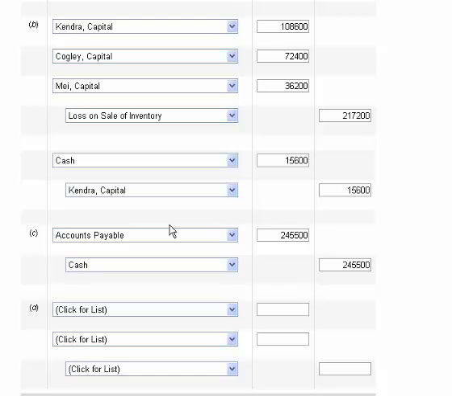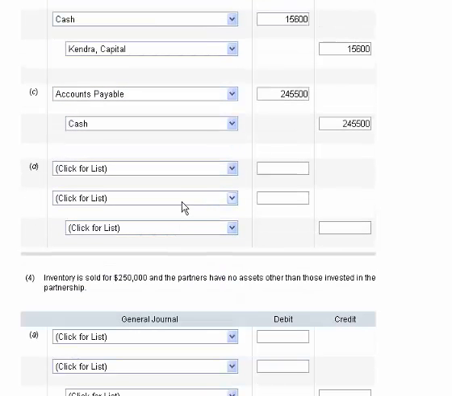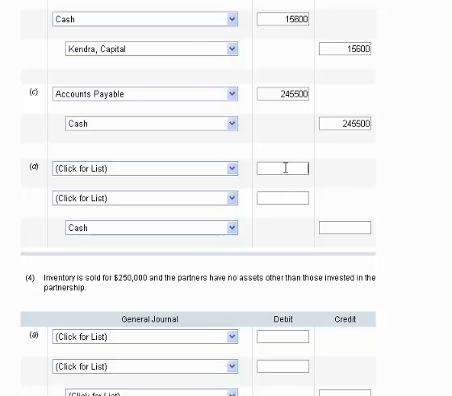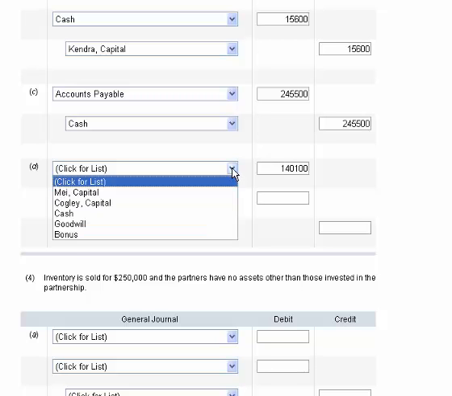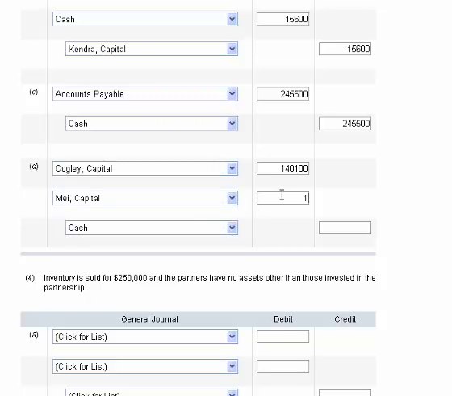Okay, so we pay off accounts payable and we can move on to Part D. In Part D, what we need to do is distribute that cash in the proper ratios, which is going to come out to be 104,100 only to Cogli and only to May for the cash remaining of 270,900.